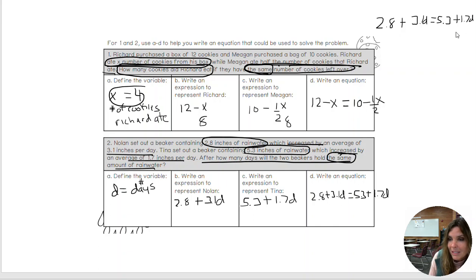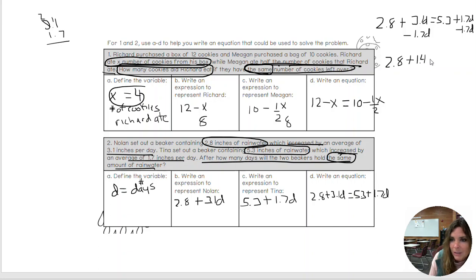I think the best way to do that would probably be to minus 1.7d, because that's going to leave us with a positive variable term.